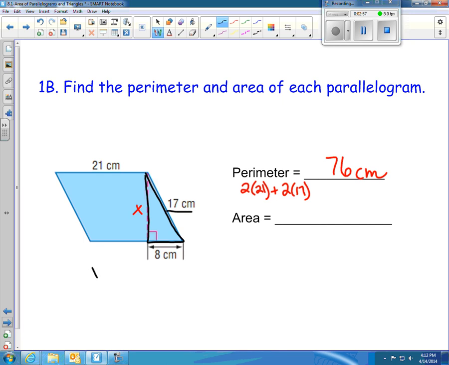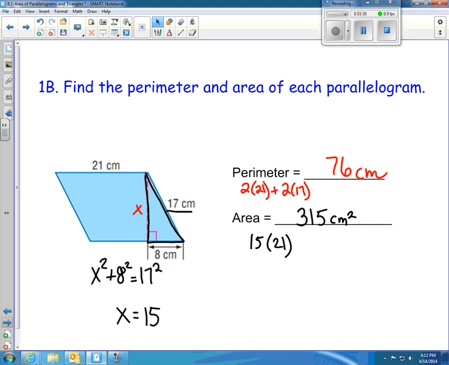So I'm going to go ahead and find my height. 8 squared plus b squared equals 17 squared. We're doing Pythagorean theorem here. So go ahead and pause the video until you can find that height. All right, you find that height, we get 15. That's perpendicular to our base of 21. So we take 15 times 21, and we're going to end up with 315 centimeters squared for our area.